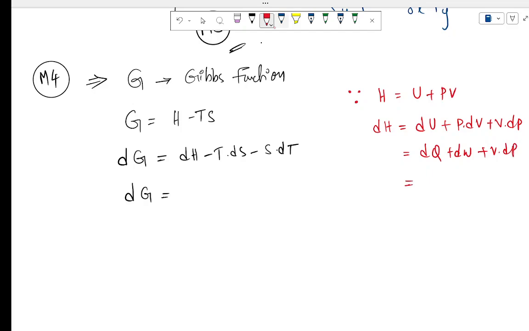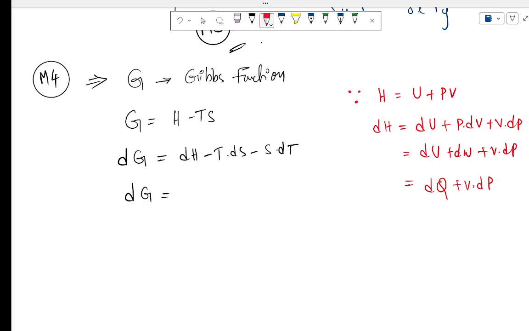So this dQ plus dW, sorry, I think I should write dU plus pdV here. So this dU plus pdV is nothing but my dQ, plus Vdp I will get here.